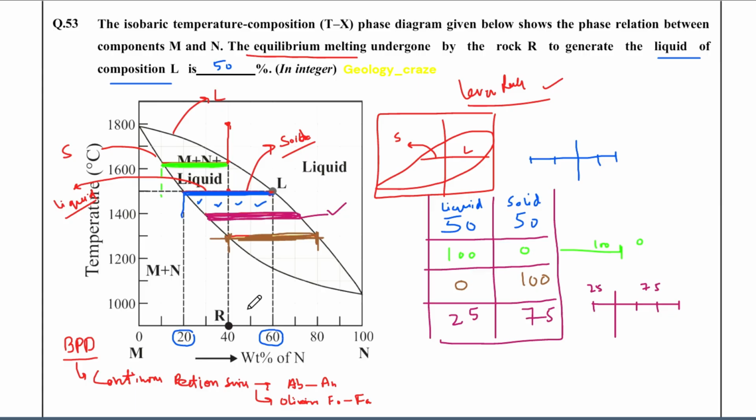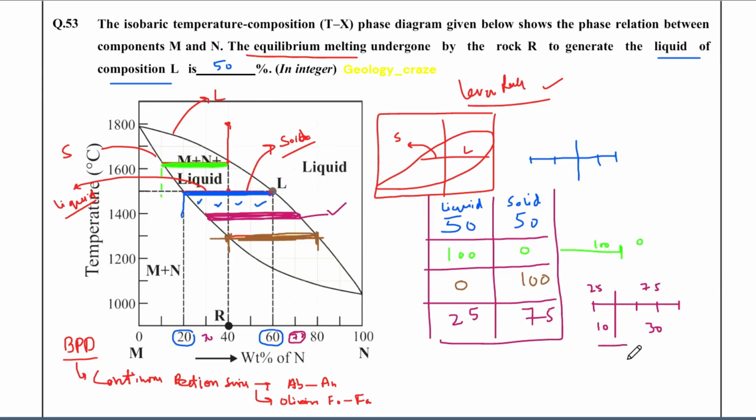Now how will we calculate this for this purple line? This is a center line. Here we are getting 30, and on this side 10, 20, 30. This side we are getting 30 and this side only 10.